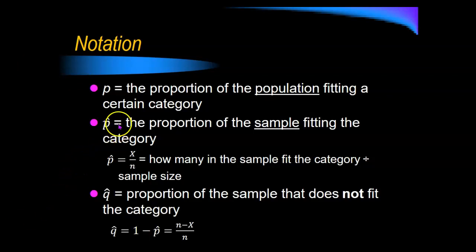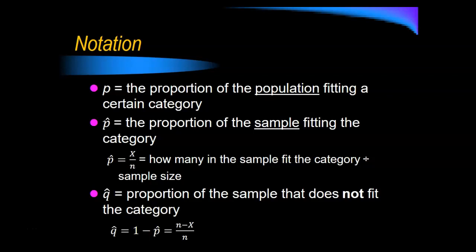And then a letter p with this pointy thing on top of it, that's pronounced p-hat, because it's like p is wearing a hat. Yes, that's really what it's called. That's the proportion of the sample that fits the category.